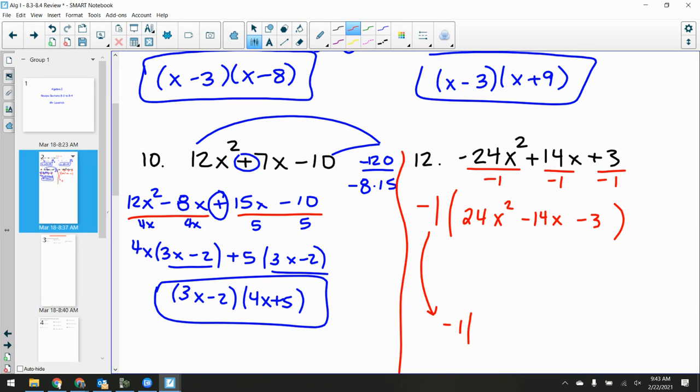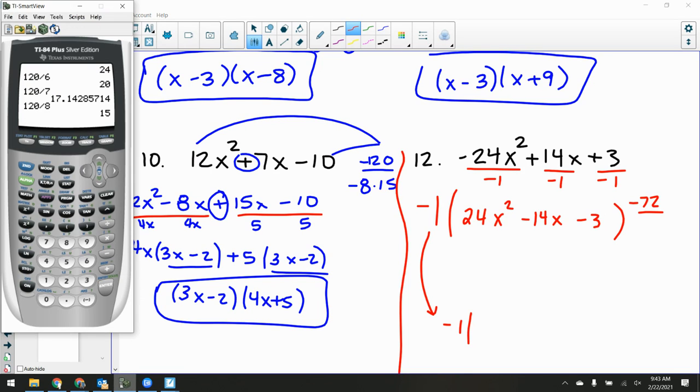24 times negative 3 is a negative 72. And again, I don't know the factors of negative 72 offhand, so let's figure them out. 72 divided by 2, no, that would give me a difference of 34. Now, look here. Since the middle term is negative, I know the bigger factor is going to be negative. Whatever the two factors that work, the bigger number is going to be negative. So let's take 72 divided by 3. Maybe that's going to work. Nope.